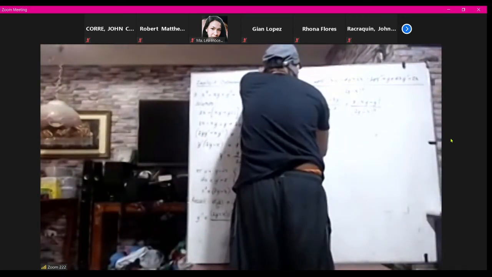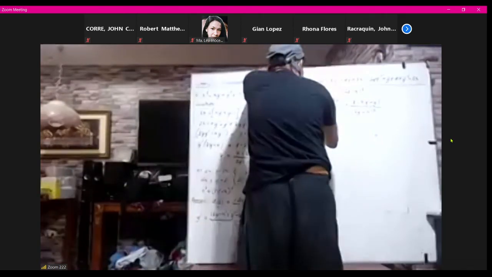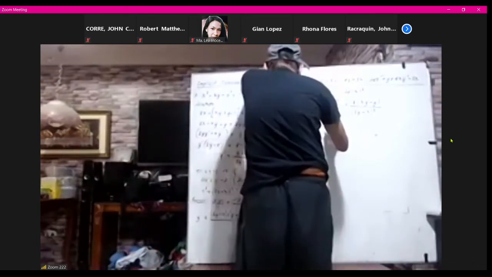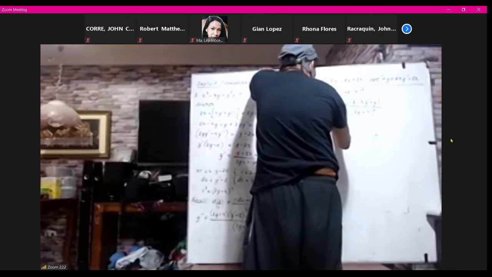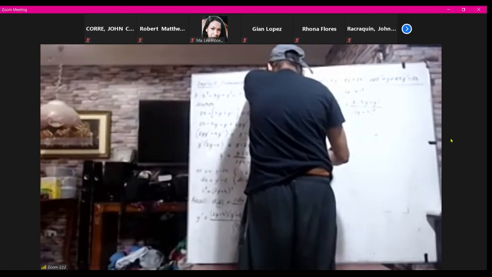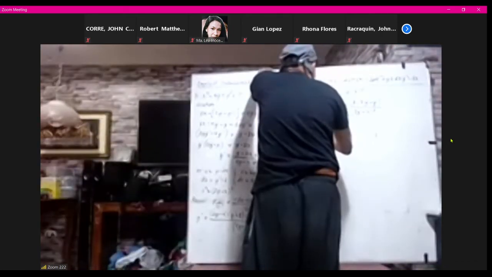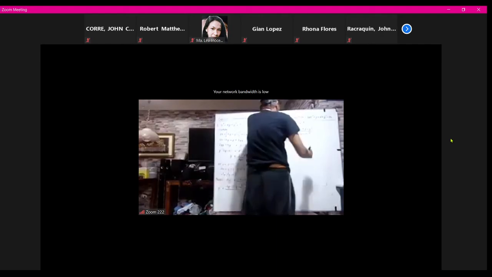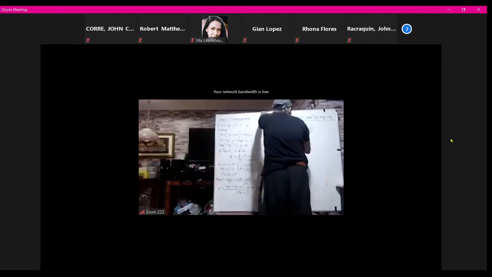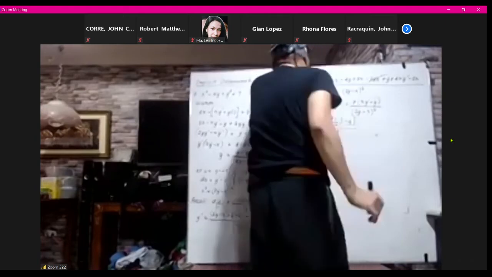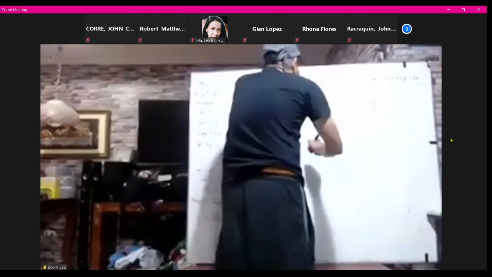So, magiging second derivative, that is equal to 3 multiplied by x times y minus 2x over 2y minus x, then minus y, all over 2y minus x squared. Yan. So, ngayon, i-cross multiply na natin.